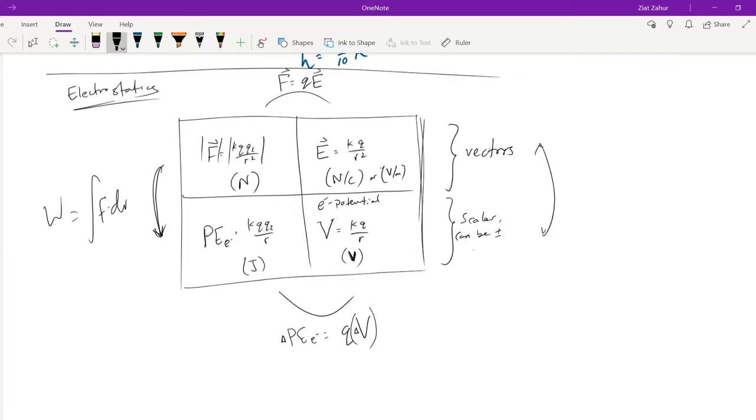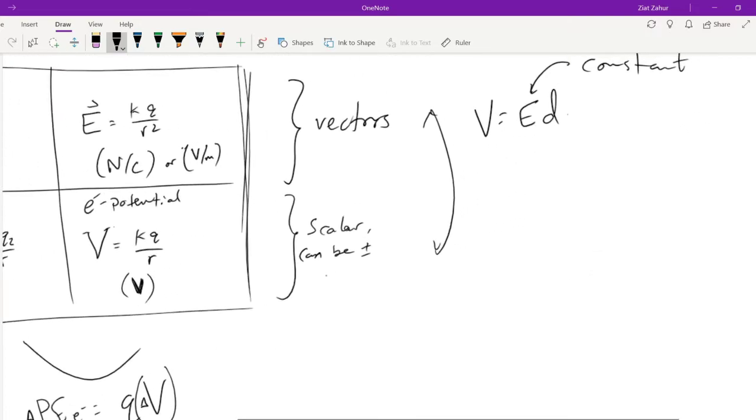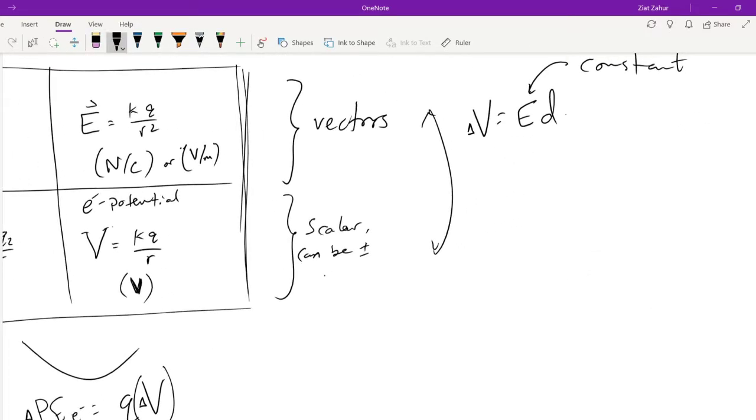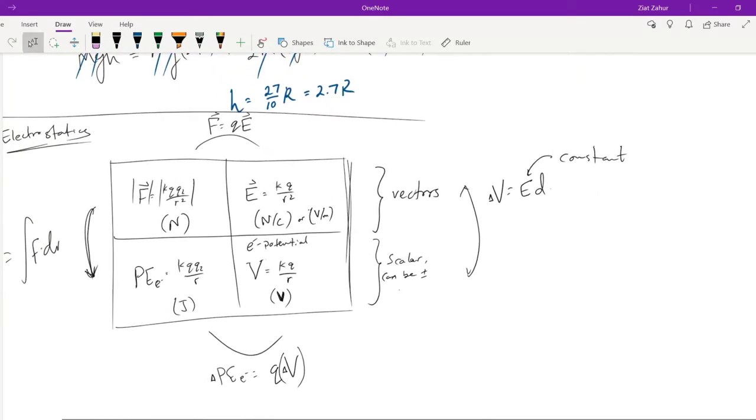So V equals Ed is only for where E is constant. And this is delta V, technically. And we use this in a parallel plate capacitor or a uniform electric field. Use for parallel plate capacitor.